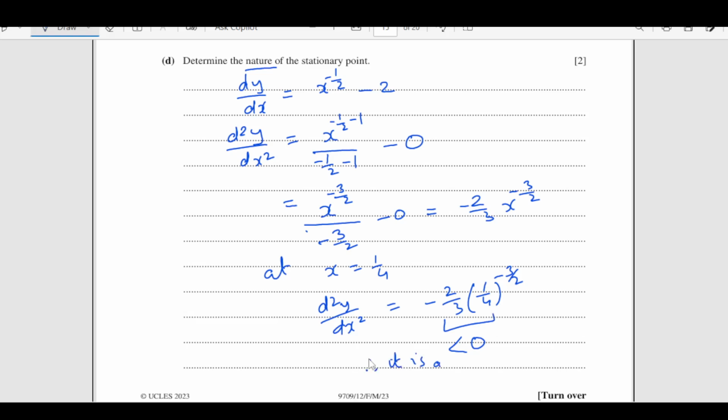For x equals 1/4, the second derivative d squared y over dx squared is negative 1/2 times 1/4 to the power negative 3/2. Now you see the whole thing is negative, less than 0. We do not actually need the value, we have the sign here. Which is negative, so that means it has a maximum point. So, the nature is a maximum point.